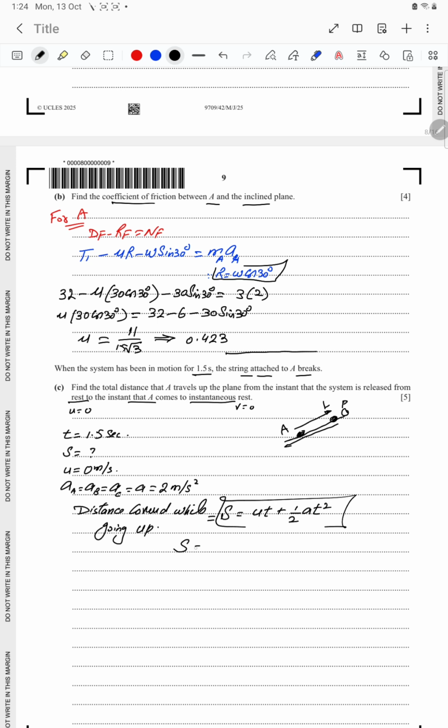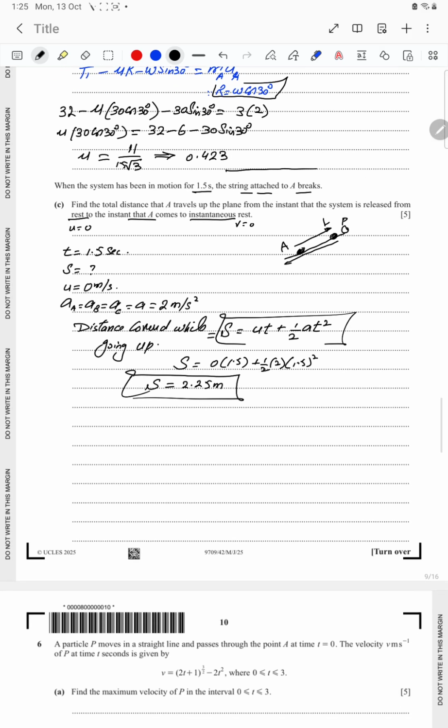So u is 0, t is 1.5, a is 2, so s is half times 2 times 1.5 squared. On the calculator, s for the first going up is 2.25 meters, which is the distance it travels up.